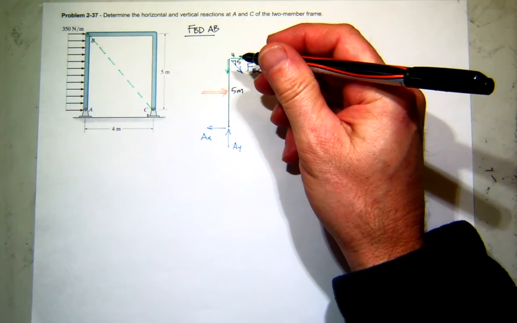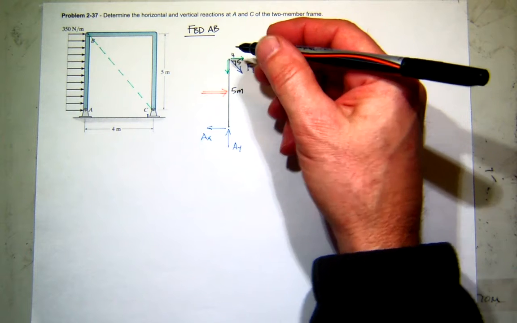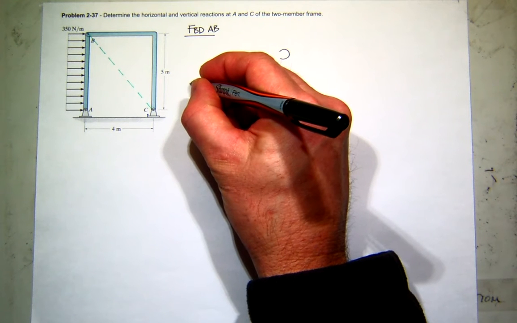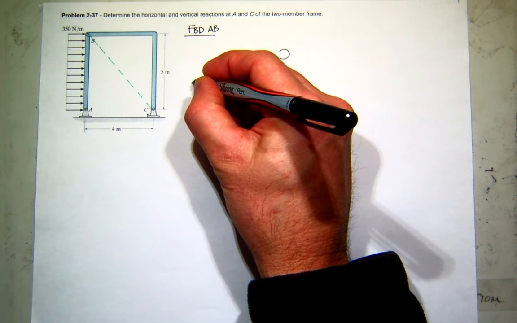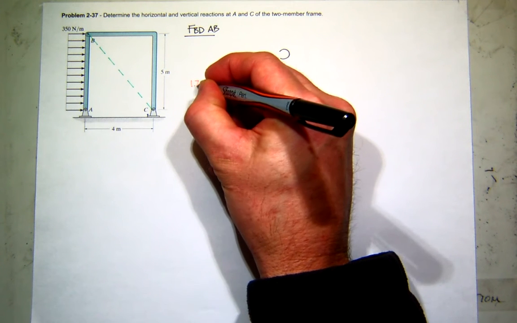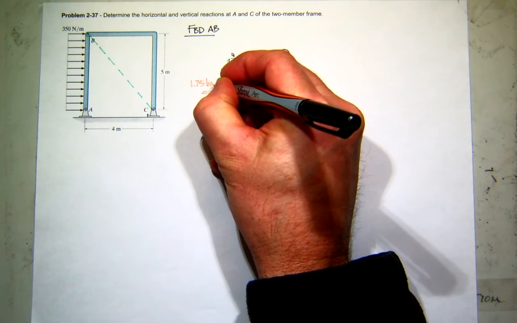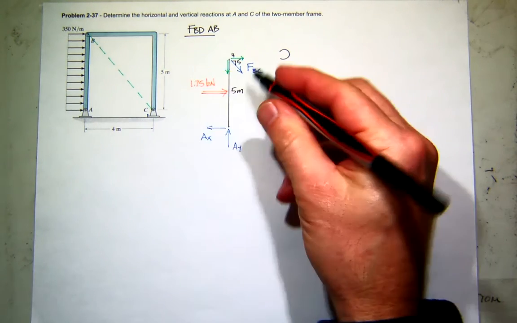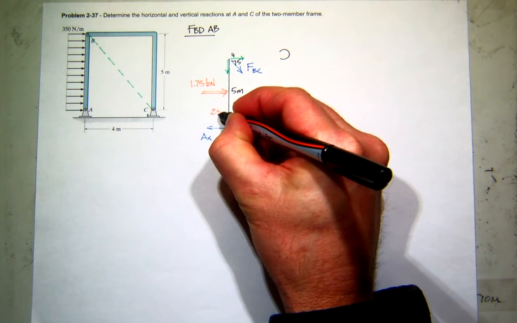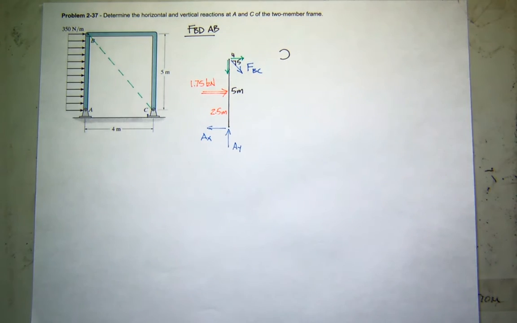That's 1750 newtons, so that would be 1.75 kilonewtons. And it's half the distance, so from the base that would be 2.5 meters. Thank you. Yeah, I wouldn't have got too far without that.